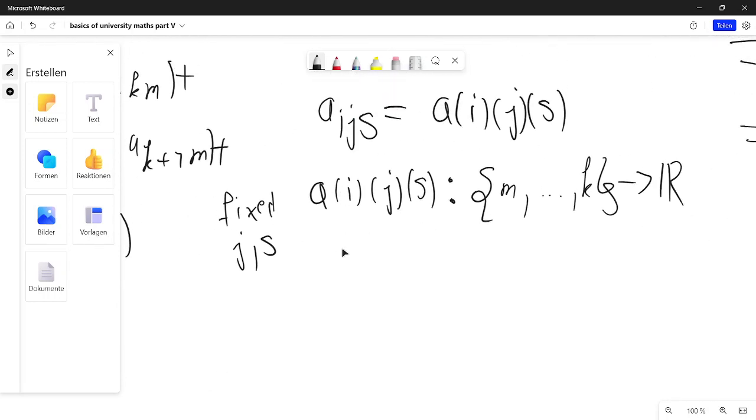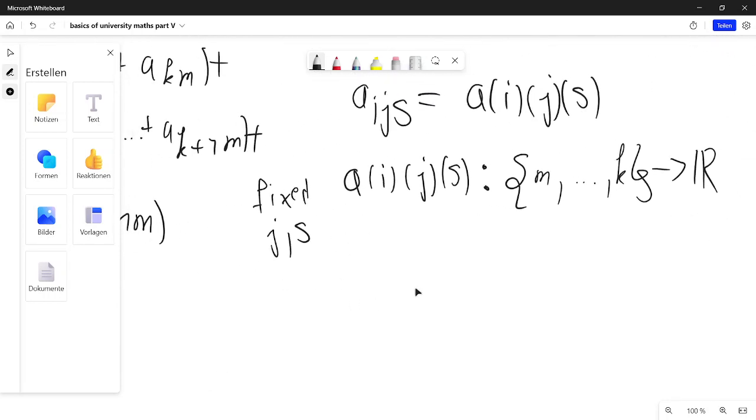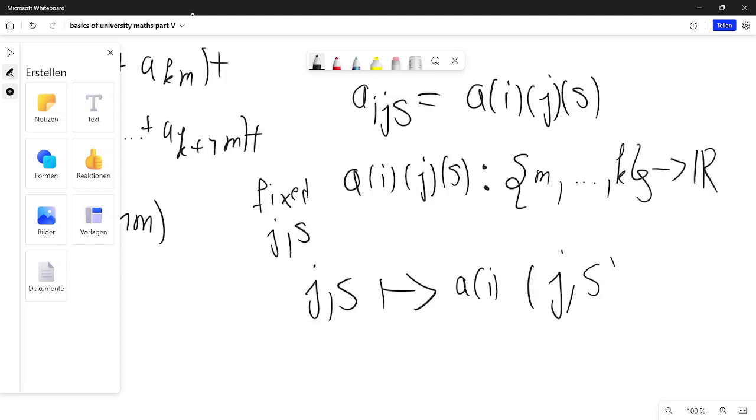But this was for fixed J, and now we have a fixed J. So fixed J gives us a function, right? So it's basically a function itself, which for each J, S gives us a function A_i of this J, S, right?